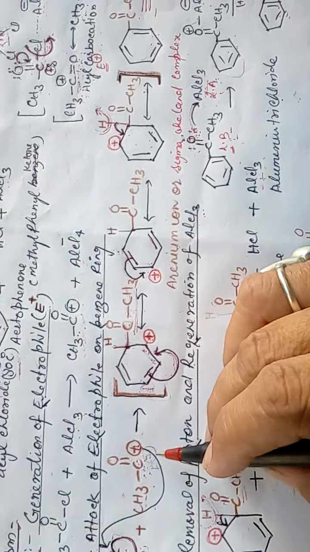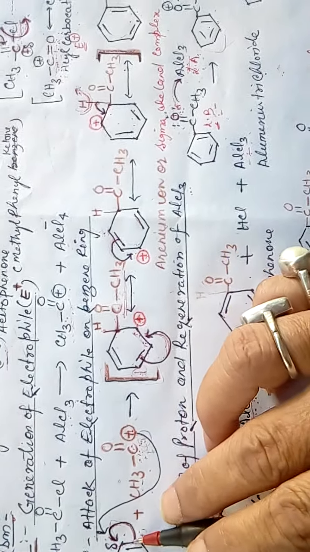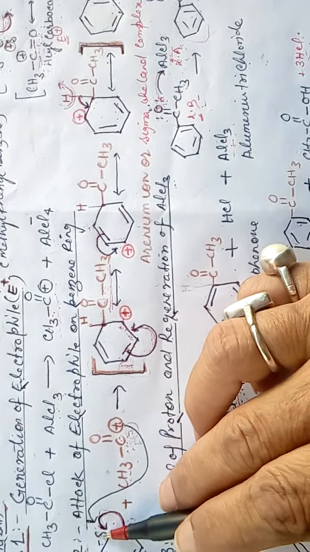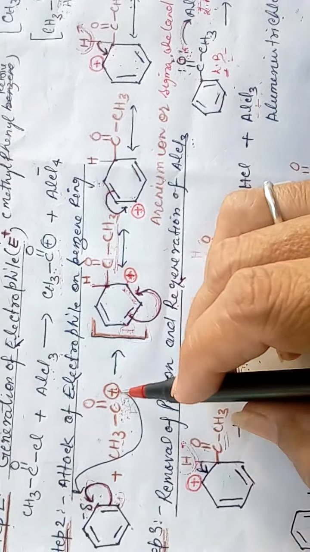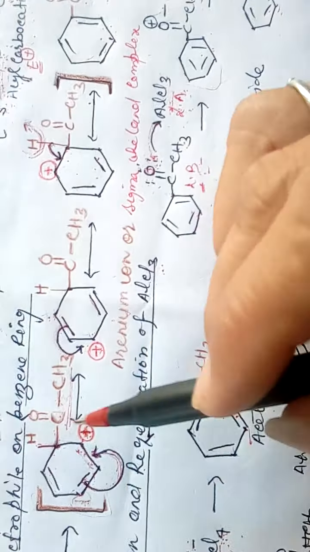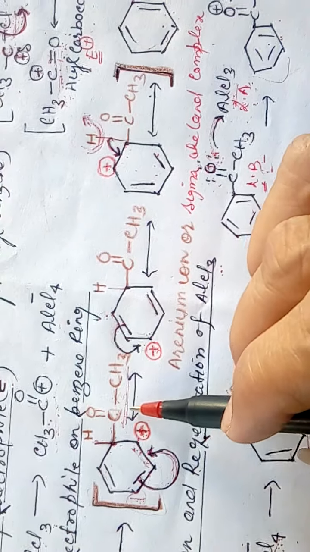Benzene, when it reacts with the acyl carbocation, this pi bond shifts, and this carbon gets negative charge and this carbon gets positive charge, and at a time this carbocation attacks the benzene ring. Now let's see the resonating structure.